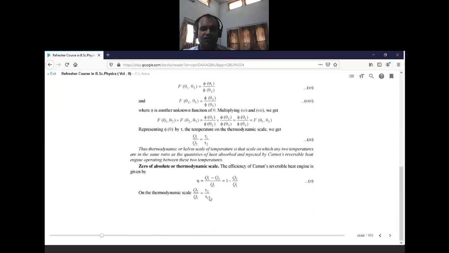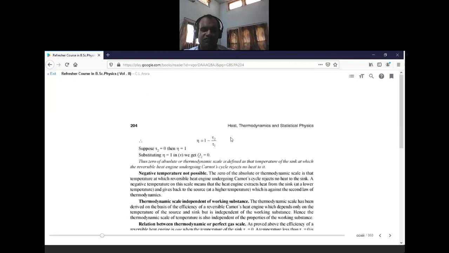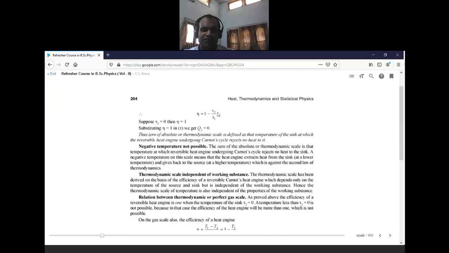Since Q2 by Q1 is equal to tau 2 by tau 1, the efficiency eta is equal to 1 minus tau 2 by tau 1.